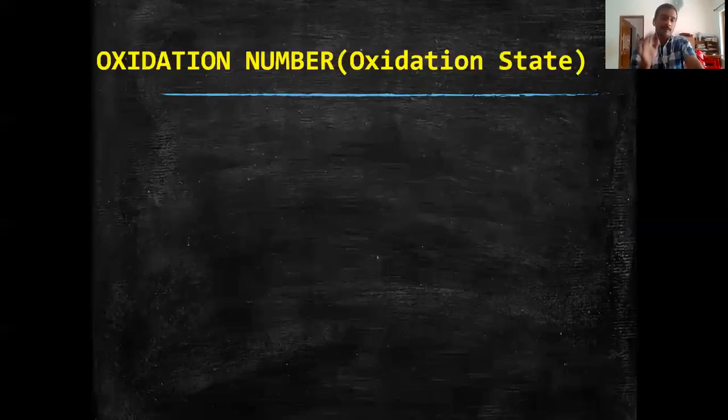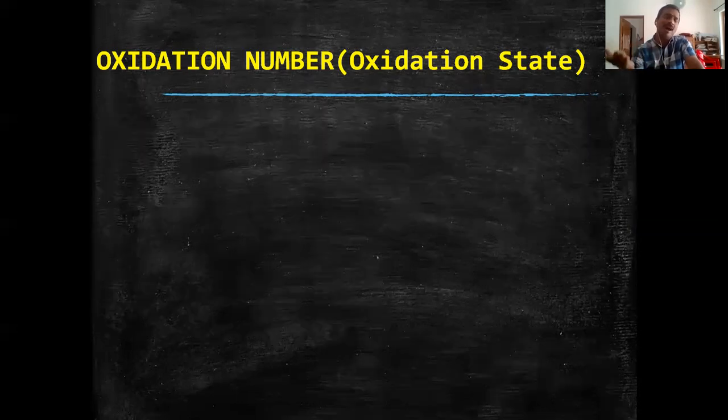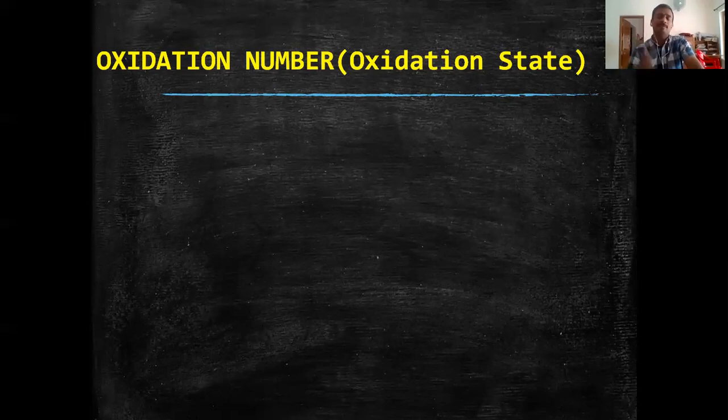Okay, our next topic is oxidation number. You are familiar with the oxidation number. What is oxidation number? It is the charge left on an atom when all other atoms of the molecule are removed as charged ions. For example, consider H2O.